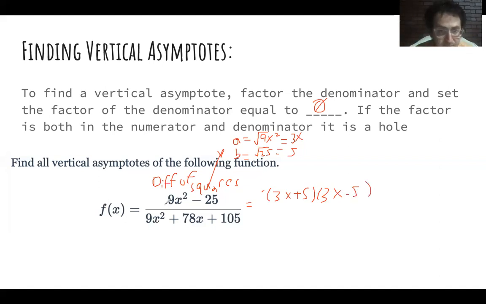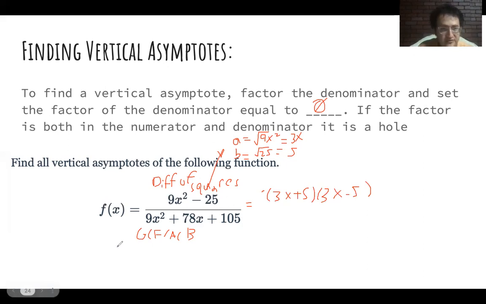And then on the bottom here, I can take out a GCF, and I can also do an ACB chart. Obviously, you want to do the GCF so that your ACB chart can be a lot more reasonable. What I can see at a glance is that 3 goes into 9, 78, and 105.